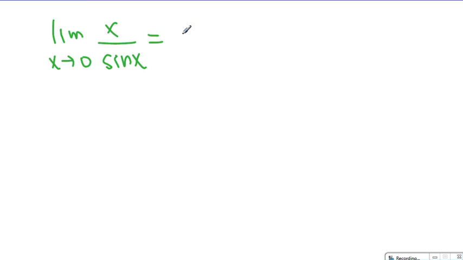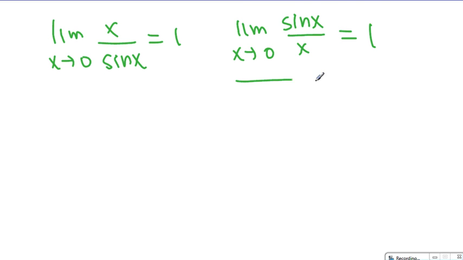Since we established that this was equal to 1, we will then realize that the reciprocal of that, which is the limit of sine of x over x as x approaches 0, will still be equal to 1. Now, this is actually very important.